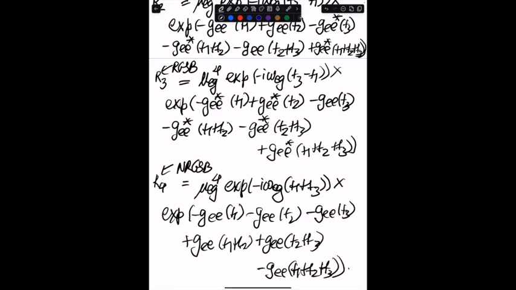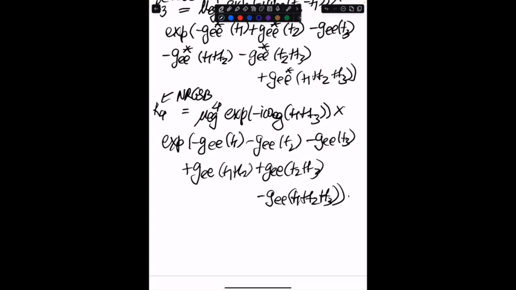So we have completely derived R1 through R4, where the dephasing functions F1 through F4 are calculated under the second order cumulant expansion technique.